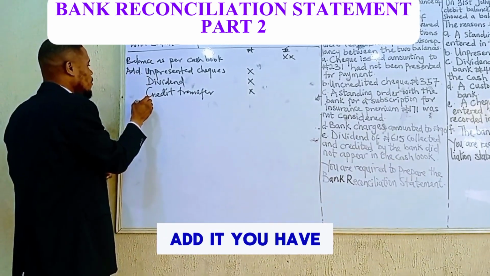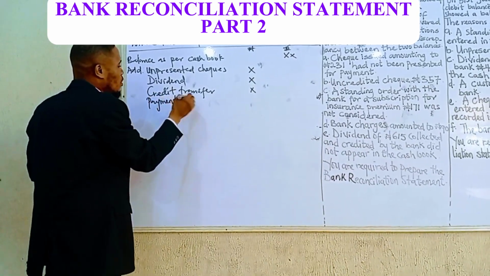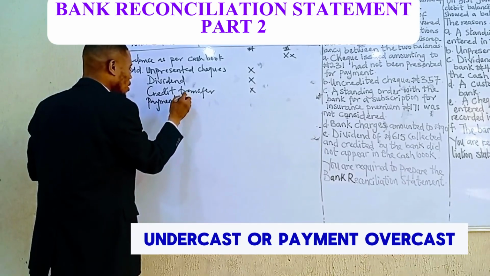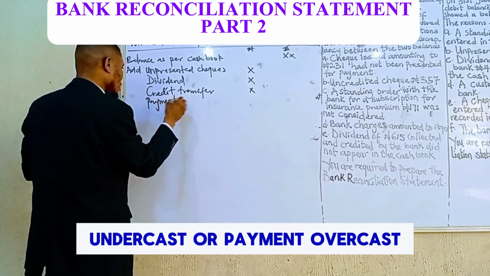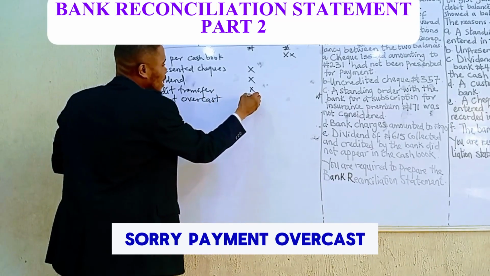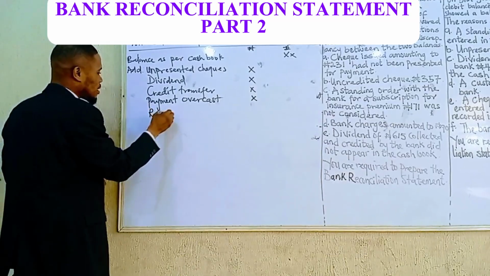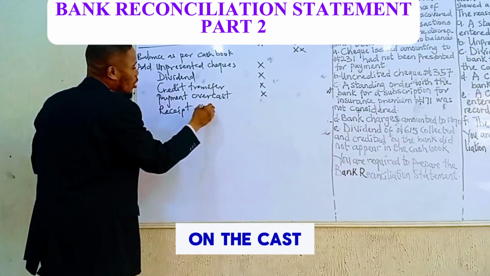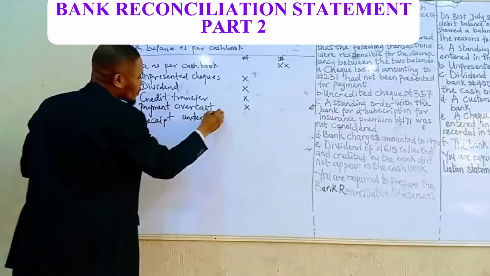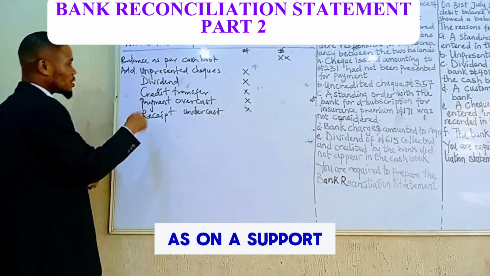You have payment over cash. Then we have receipts under cash, add it, and so on and so forth.